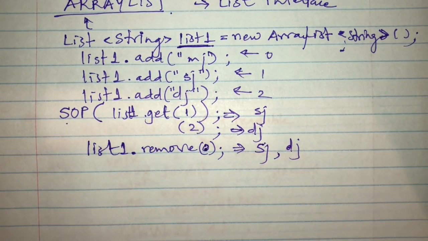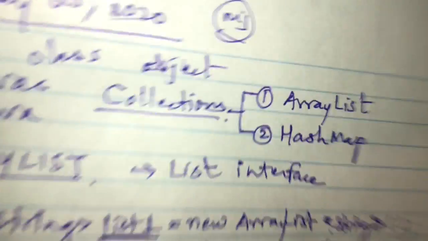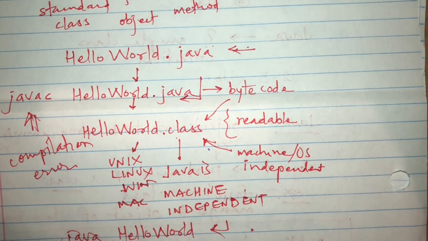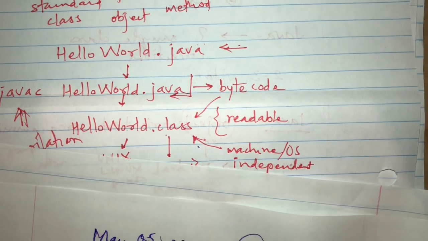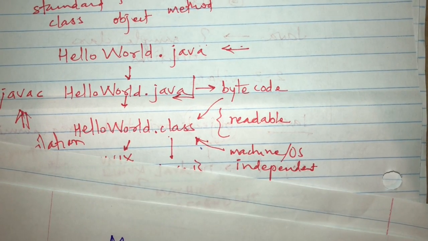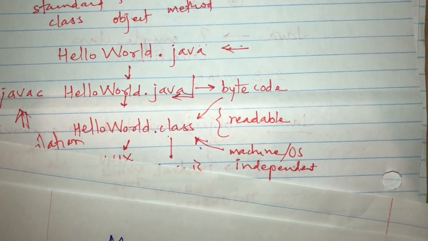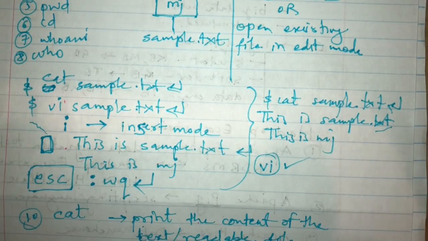So I know this was a very crude overview of ArrayList, but my goal was to give you the gist instead of walking through the entire implementation of a list.